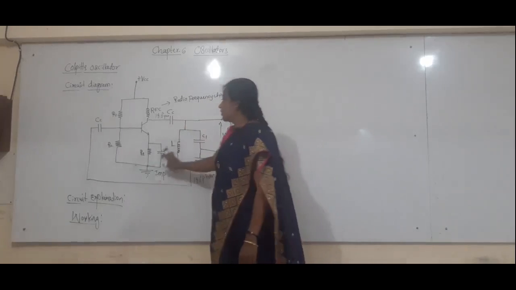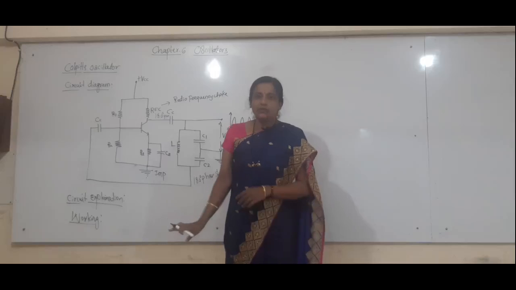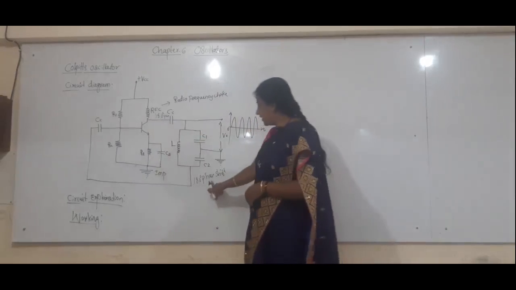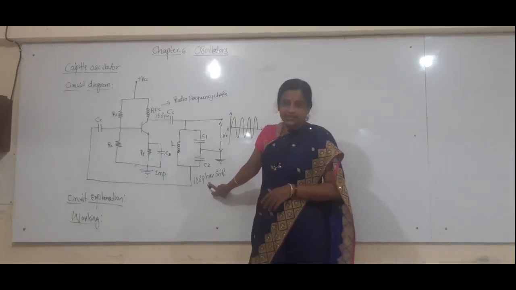Therefore the total phase shift inside the closed loop in the circuit is 180 degrees plus 180 degrees, which gives rise to a 360 degree phase shift.